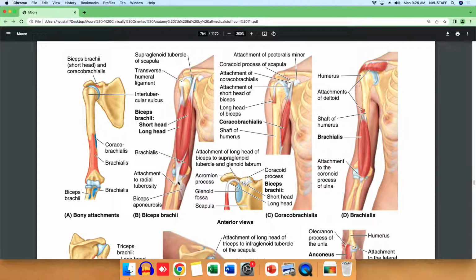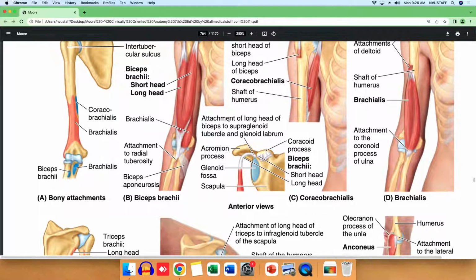On the other side, on the distal attachment, we do have several parts. One of the important attachments would be passing towards the radial tuberosity. So the radius is one point of the attachment of biceps brachii, but on the other side you can see that it produces a flat and wide tendon, which is known as aponeurosis.